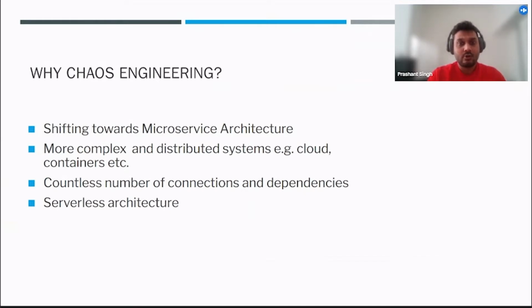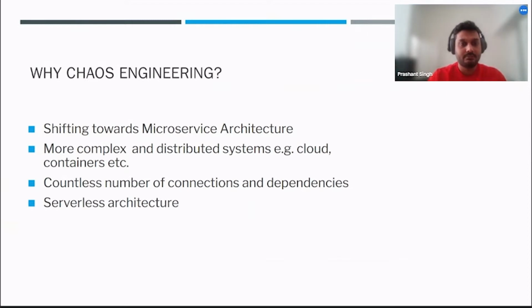So it is practically very difficult to test each and everything with traditional QA practices. You really want a mechanism where you can test these things proactively, so you find issues before the customers find them. That's why we need chaos engineering, so that we can find issues in large distributed systems.